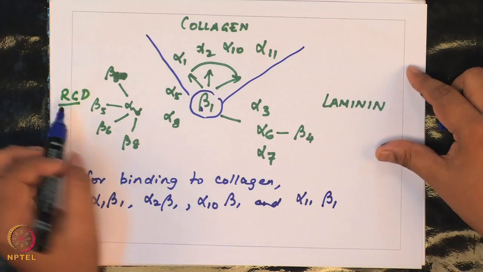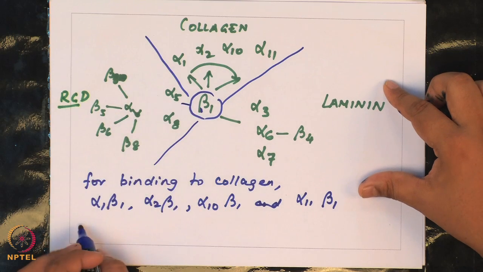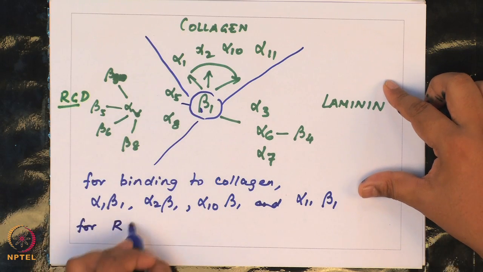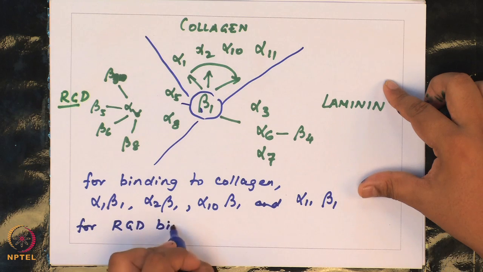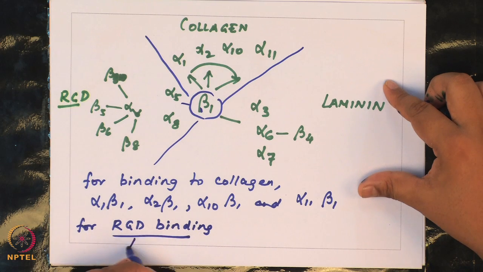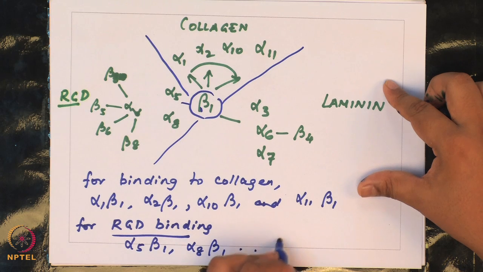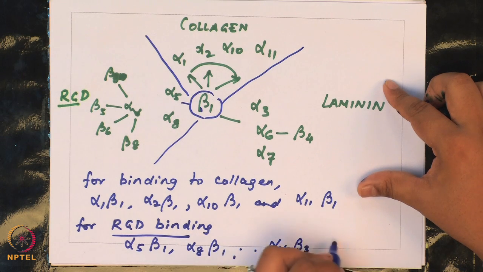Okay. Similarly, for binding to RGD, you can have alpha 5 beta 1, alpha 8 beta 1, and also you have alpha V beta 3, alpha V beta 5, so on and so forth.